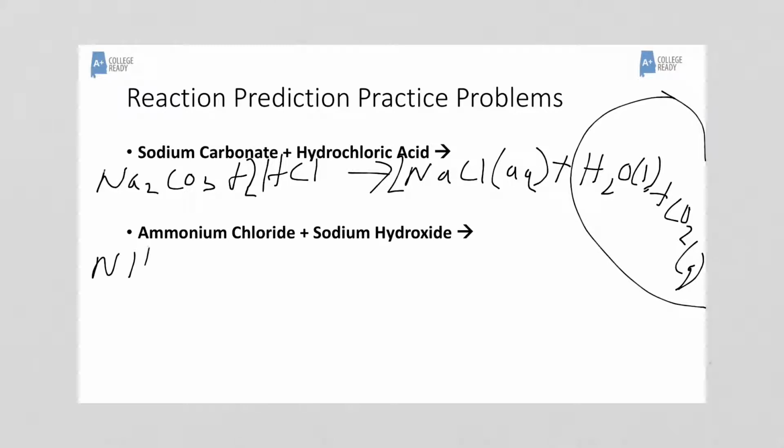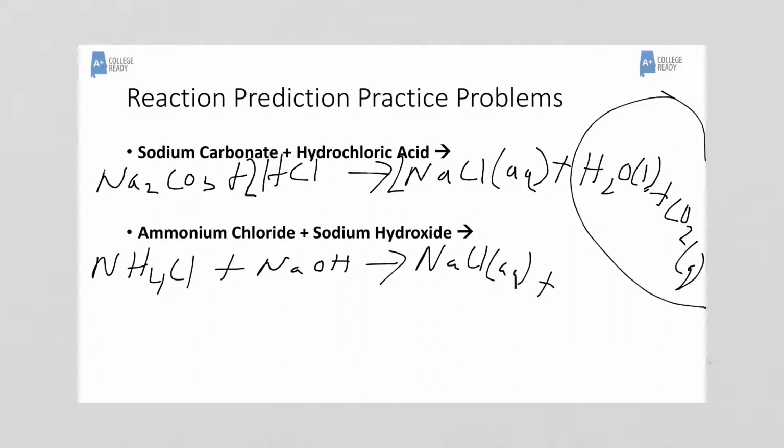Here's another double replacement, ammonium chloride plus sodium hydroxide. Very similar to a problem we saw just a minute ago. It's a double replacement reaction. We're going to get NaCl, which is aqueous, plus, it looks like we ought to get ammonium hydroxide.